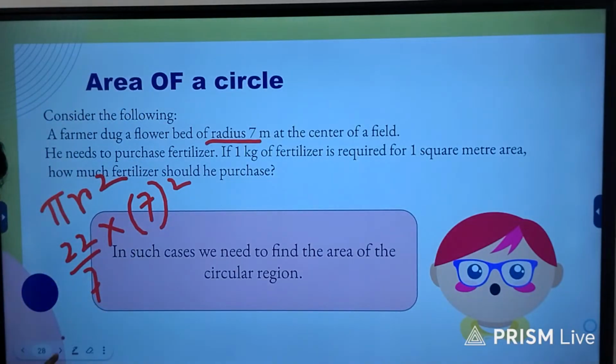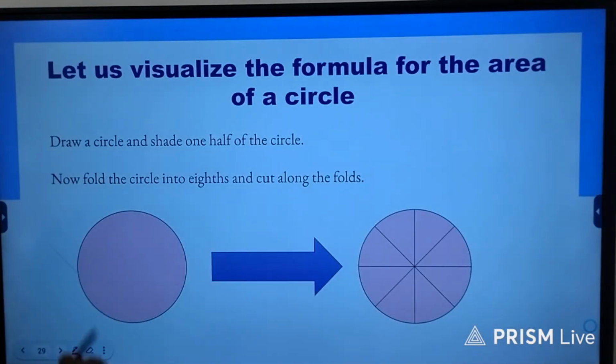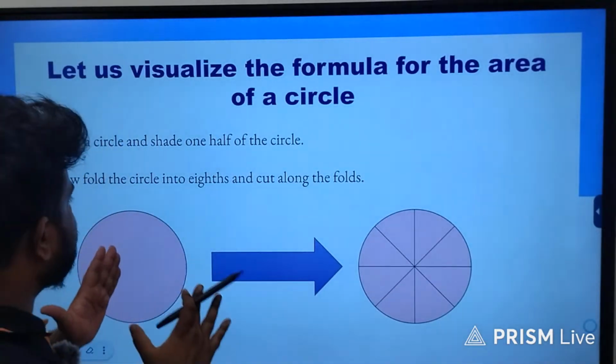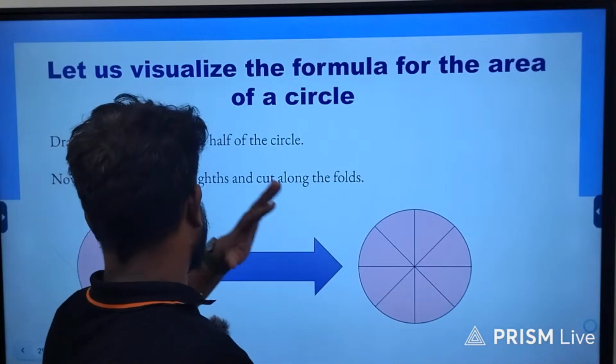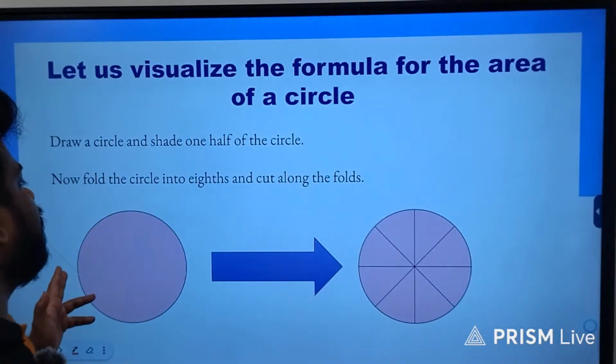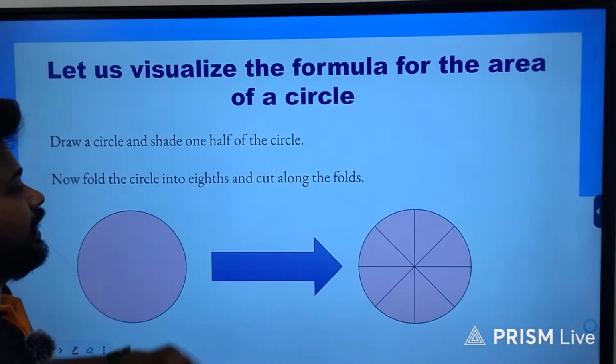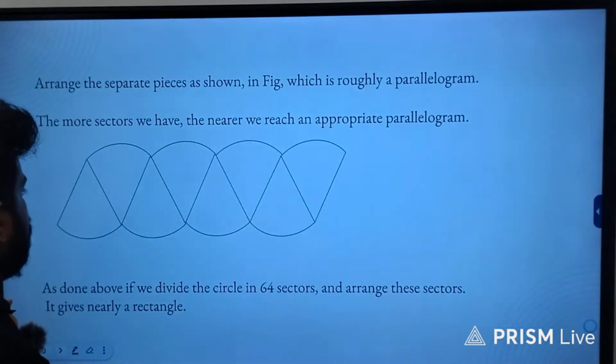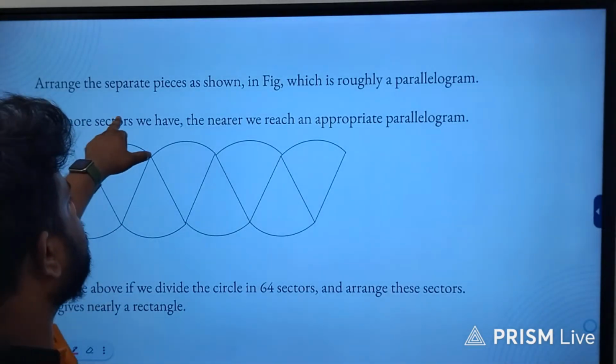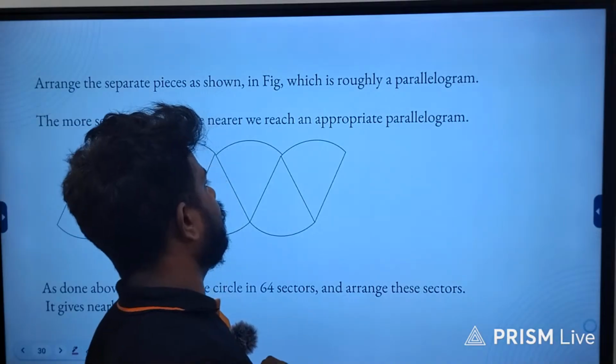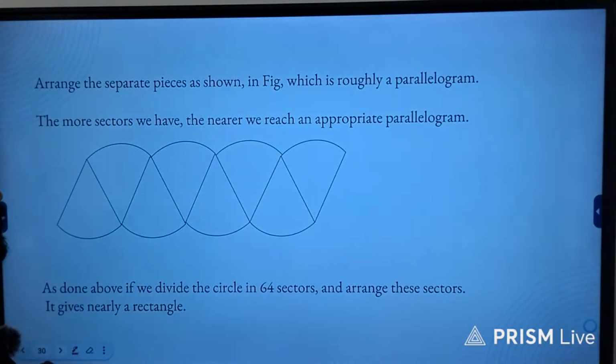Okay, and they have discussed the whole process: draw a circle and shade one half of the circle. Now fold the circle into 8 parts and cut along the folds. Arrange the separate pieces as shown in the figure, which is roughly a parallelogram.